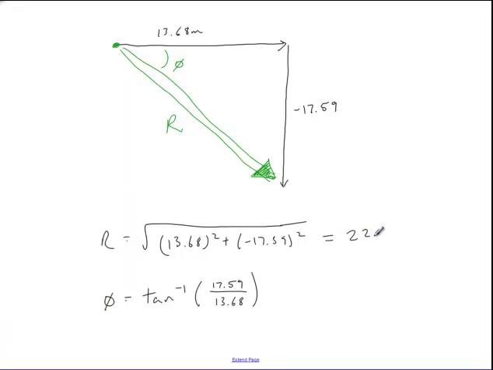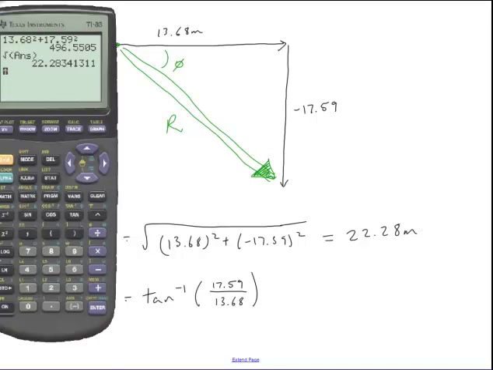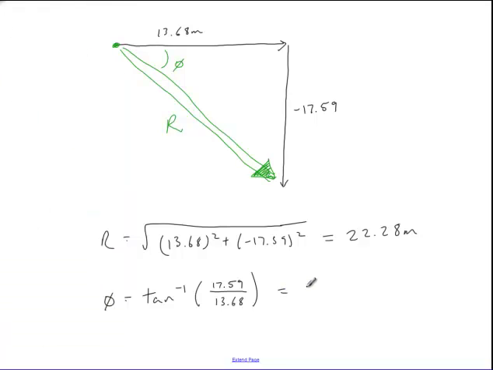So 22.28 meters is the distance, and the angle is tan inverse of 17.59 divided by 13.68, which is 52.12 degrees.